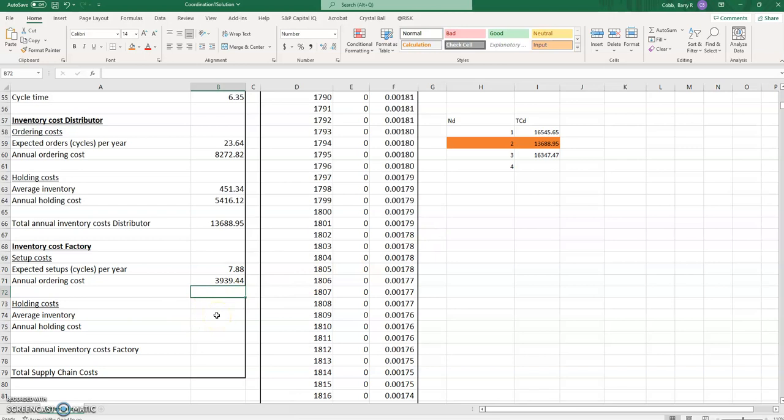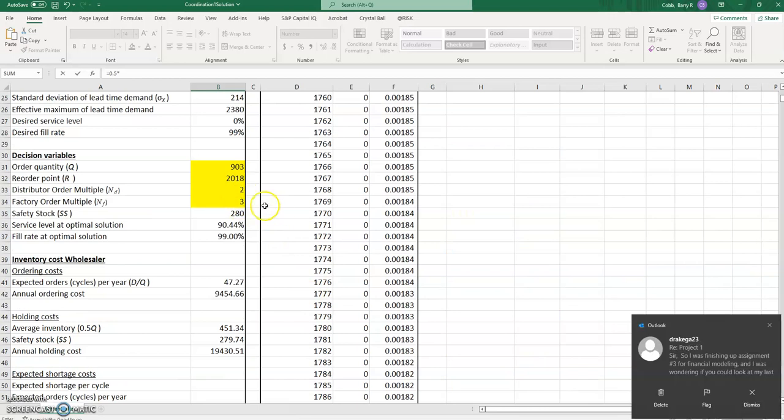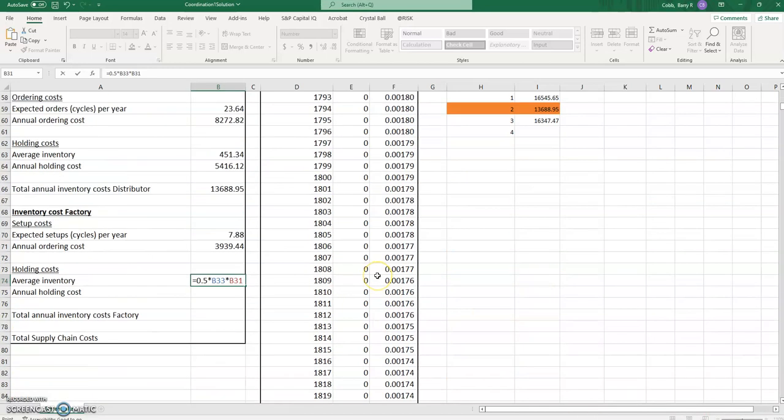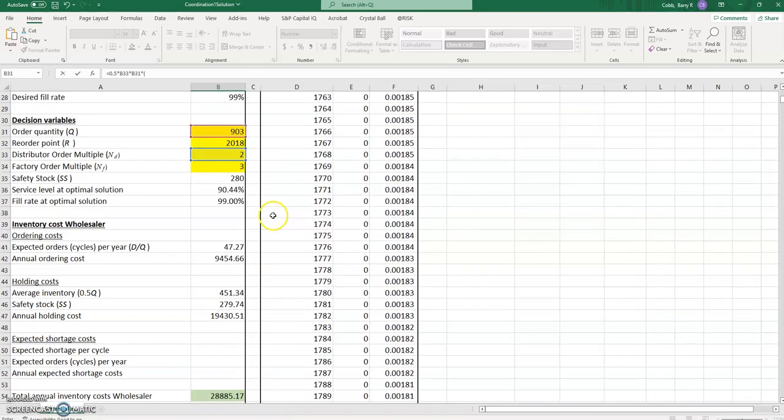Now the average inventory cost. If we think about the way we've calculated average inventory, the order quantity for the distributor is ND times Q. But then that will be further multiplied by the factory's order quantity.